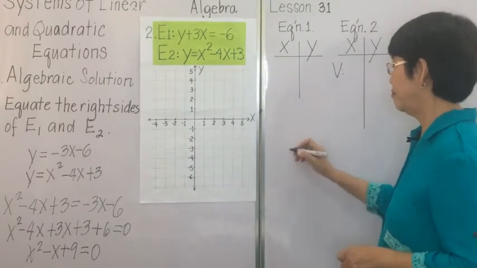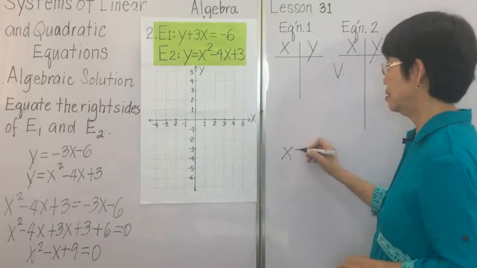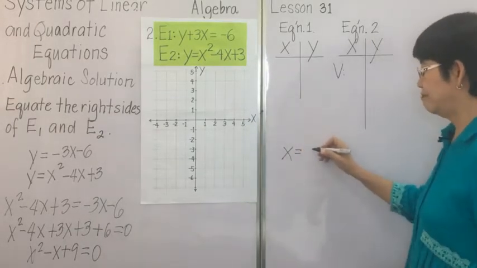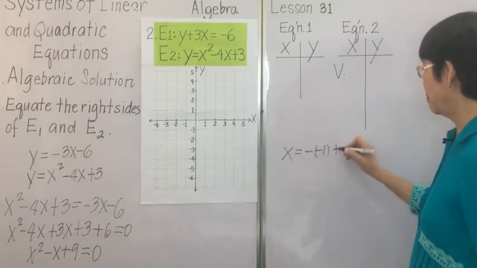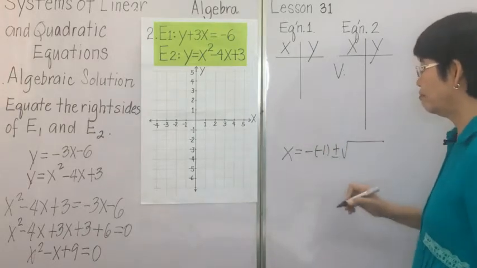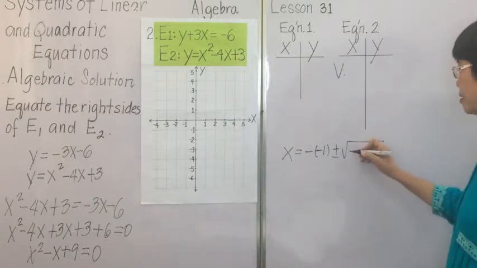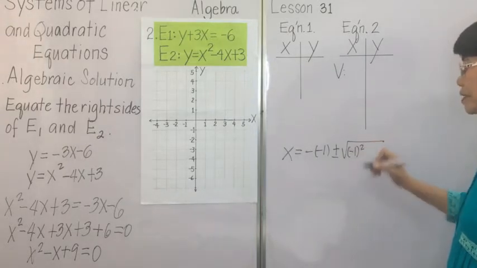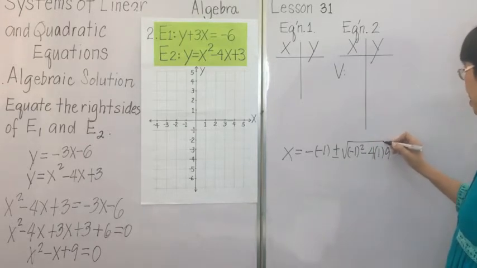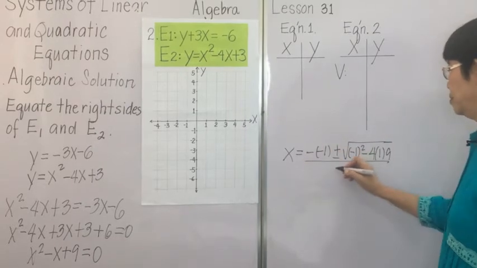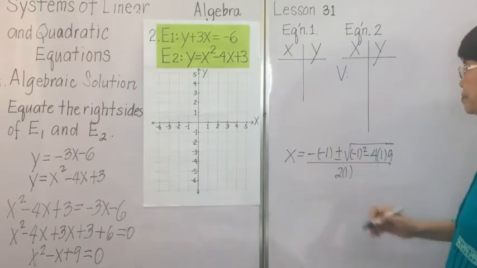So we have x is equal to negative b, or negative of negative 1, plus or minus the square root of b squared, negative 1 squared, minus 4ac, all over 2 times 1.